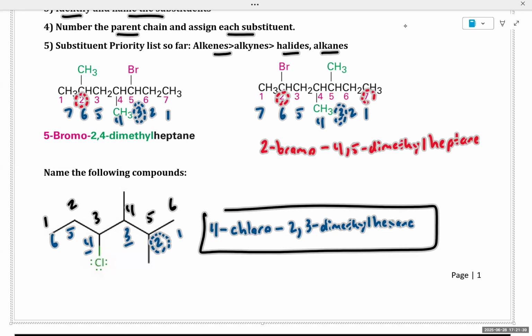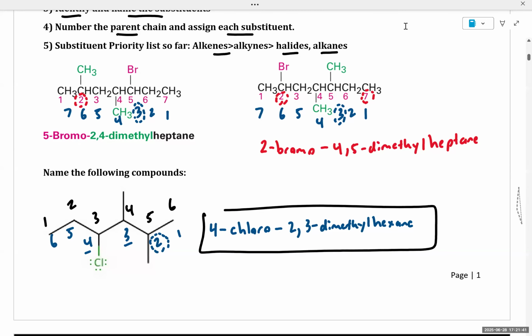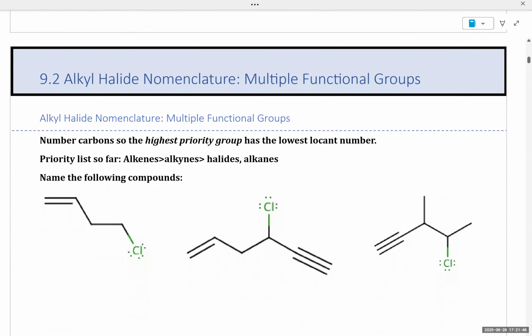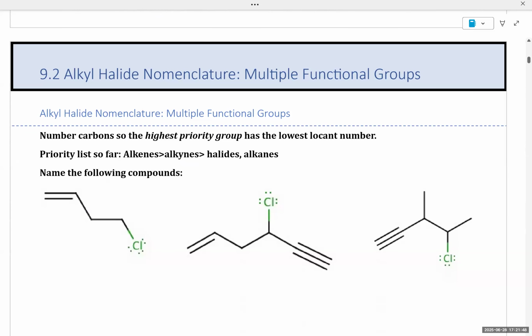Okay, let's keep going now. And let's talk a little bit about alkyl halide nomenclature when you have multiple functional groups. You're going to number your carbons so the highest priority group has the lowest locant number. The priority list so far is that alkenes are higher priority than alkynes, which are higher priority than halides and alkanes.